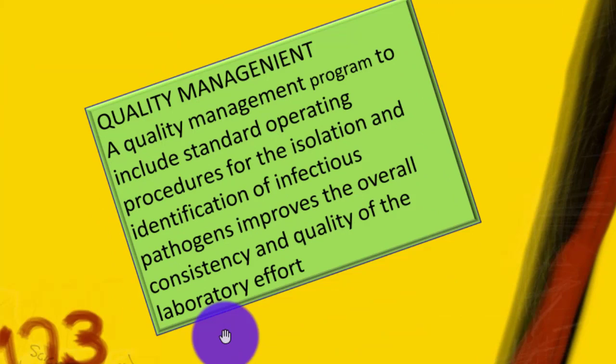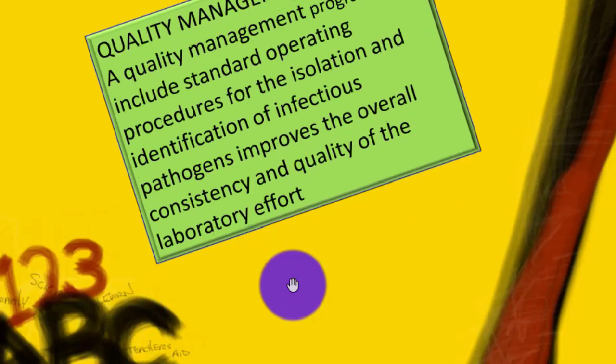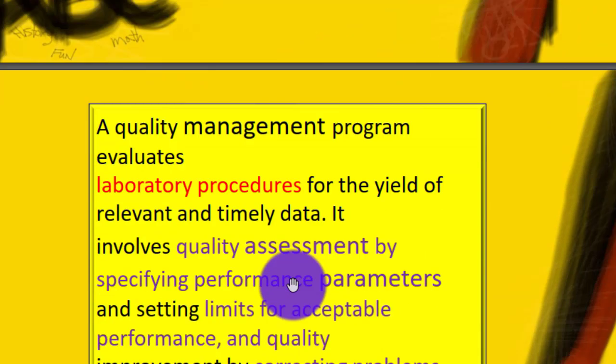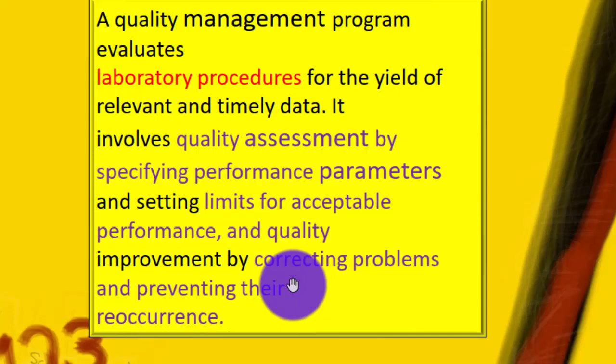Quality management. A quality management program, to include standard operating procedures for the isolation and identification of infectious pathogens, improves the overall consistency and quality of the laboratory efforts. A quality management program evaluates laboratory procedures for the yield of relevant and timely data.